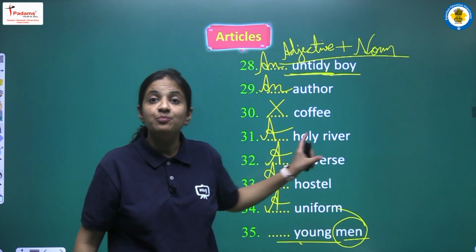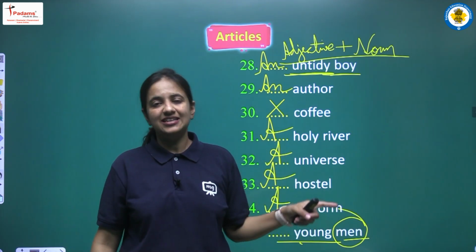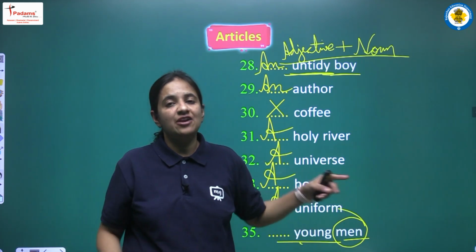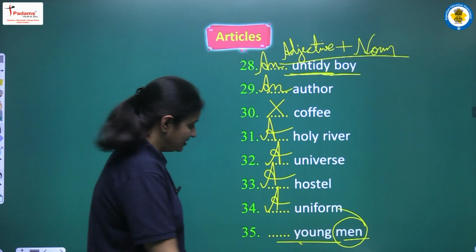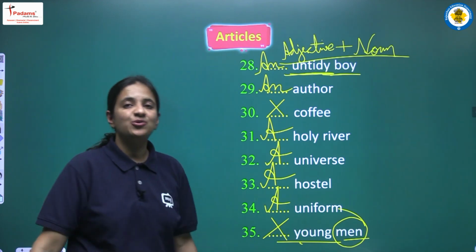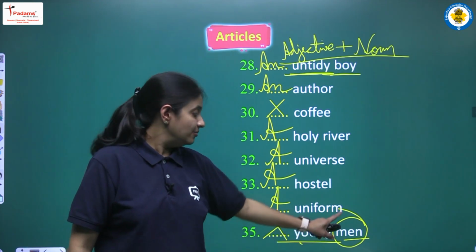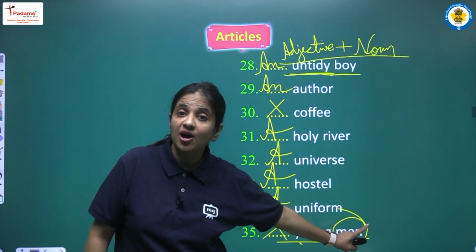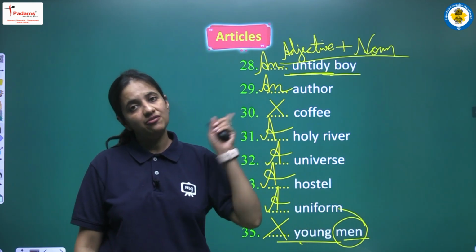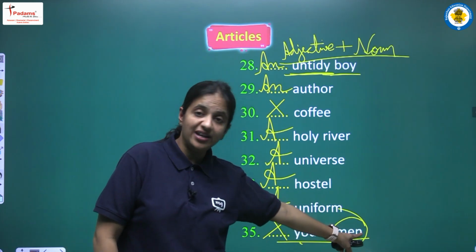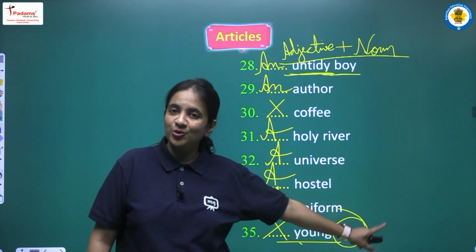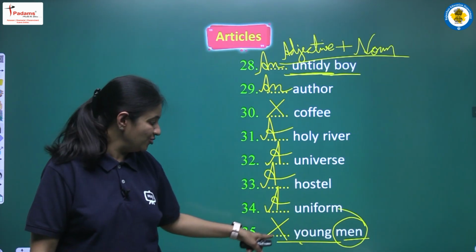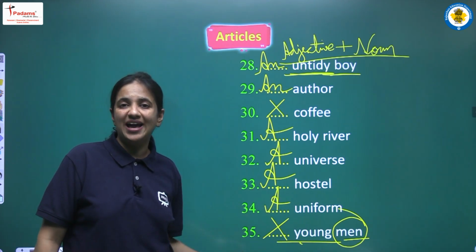It means it is a plural noun, and yes, the rule is applicable here that for plural noun we cannot use articles a or an, and this is the reason in this blank we have to put one cross. Why? Because we are having plural noun here. Okay. So students, be very careful, read the spelling very carefully. We are having M-E-N here. So we are given plural noun, and this is the reason we have to use cross here in this blank.